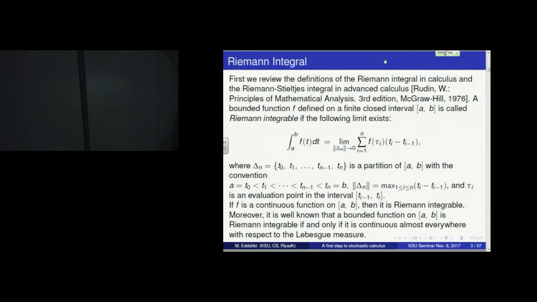One should remark first that the evaluation of this function is done at any point tau_i between t_i minus 1 and t_i. Any point in that interval, any point. This is what we learned from the Riemann integral.